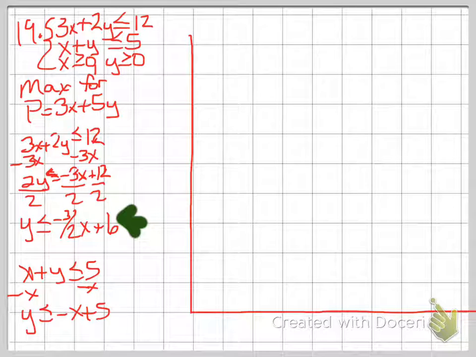So we'll go up 1, 2, 3, 4, 5, 6. Put a point. And then I have negative 3/2 as a slope, so I go down 1, 2, 3, and over 2. Put a point. Go down 3 and over 2 and put a point there.